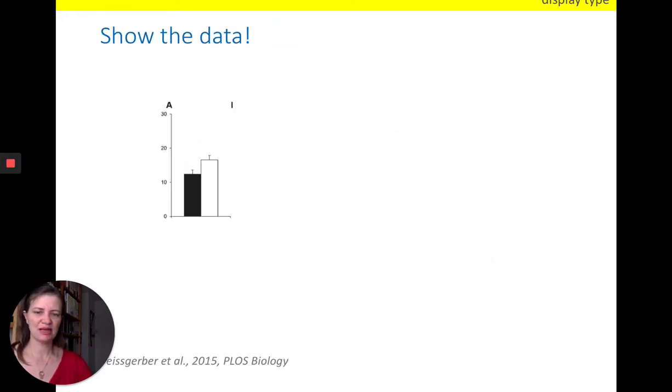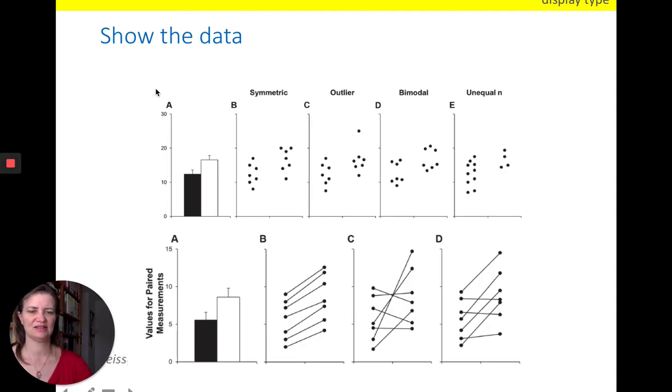There's also a nice paper from Tracy Weissgerber that illustrates this point for biology, but what kind of data this is really doesn't matter. She used these two bar plots, and showed that when you do not plot the summary statistics, but the data distribution, you can see that the underlying distribution may be symmetric, in which case the symmetric distributions for category 1 and 2 are faithfully represented with two bars.